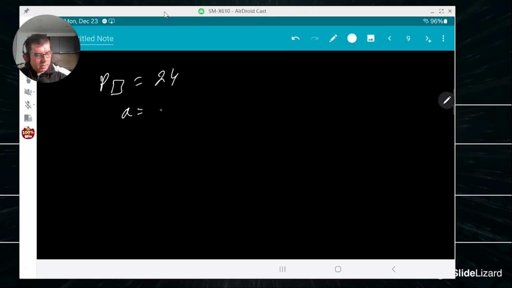The length of the side is 24 over 4, which is 6. The area of the square is 6 squared, which is 36.